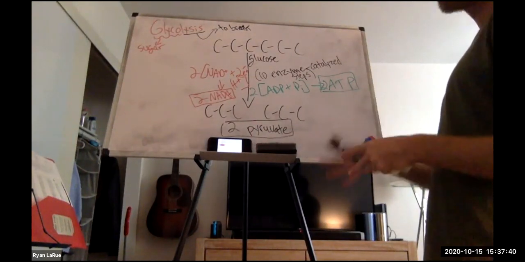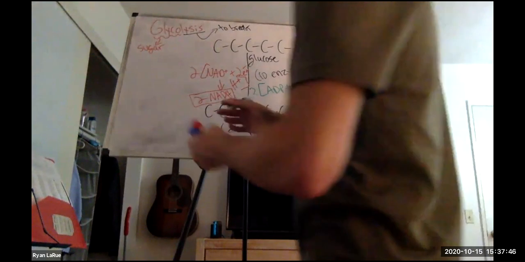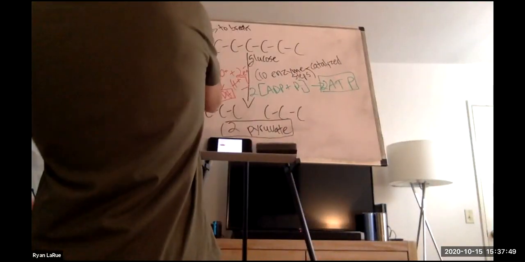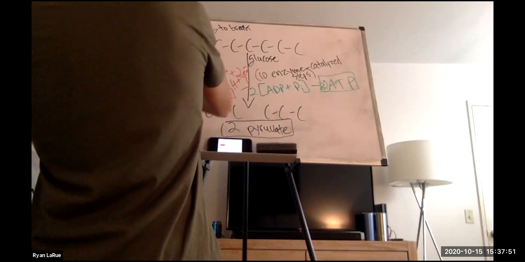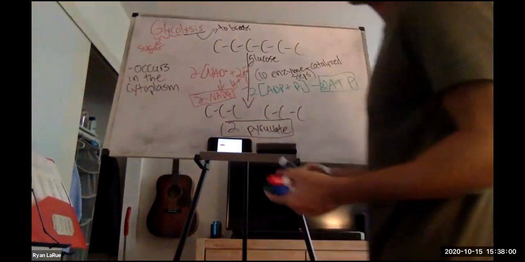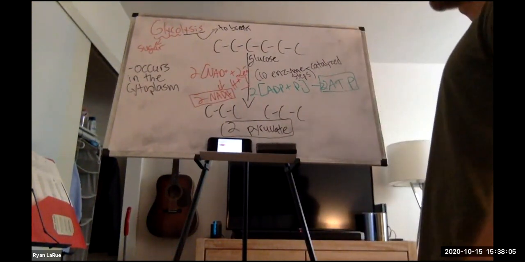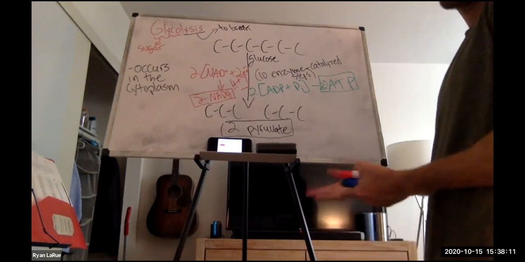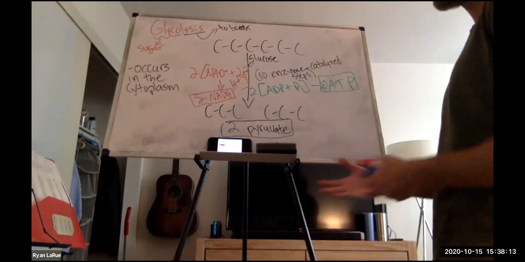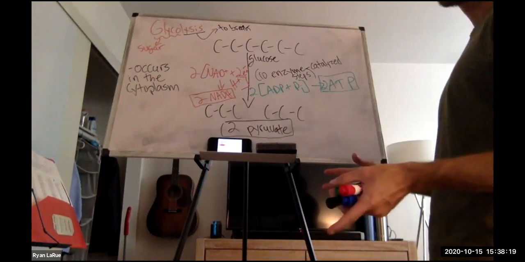Two other details here, just description, where it occurs. Where does glycolysis happen? It happens in the cytoplasm of the cell. And this is actually for both prokaryotes and eukaryotes. And since I said both prokaryotes and eukaryotes, we learned back when we talked about cells, that's everything on the planet.